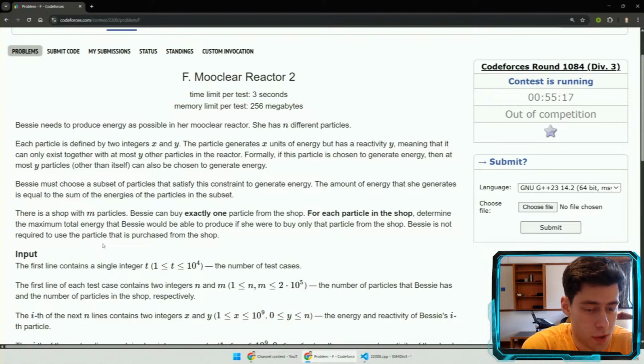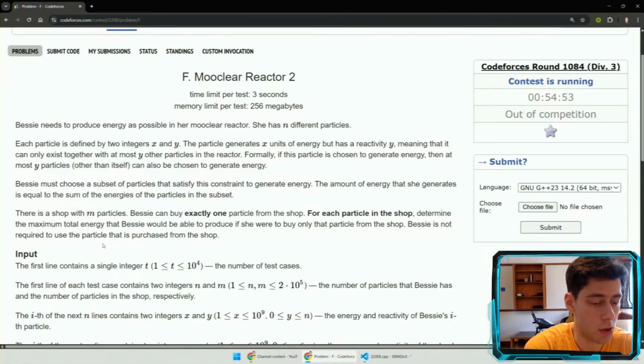Bessie must choose a subset of particles that satisfy this constraint to generate energy. The amount of energy that she generates is equal to the sum of energies of the particles in the subset. There is a shop with m particles. Bessie can buy exactly one particle from the shop. For each one, determine the maximum energy that Bessie would be able to produce if she were to buy only that particle from the shop.